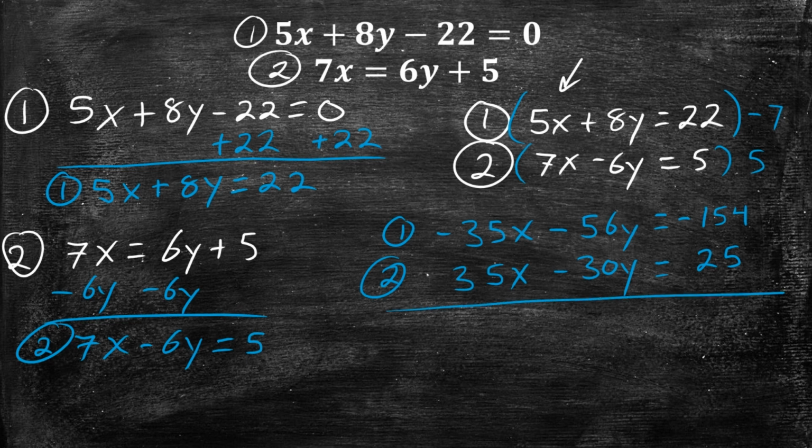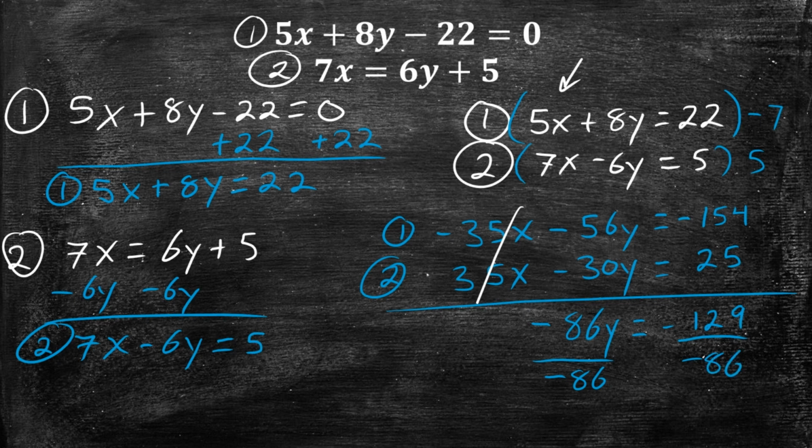Alrighty, so let's go ahead and add these. So these x terms here are going to cancel. And then what we are left with is -86y is equal to -129. And now we divide both sides by -86.